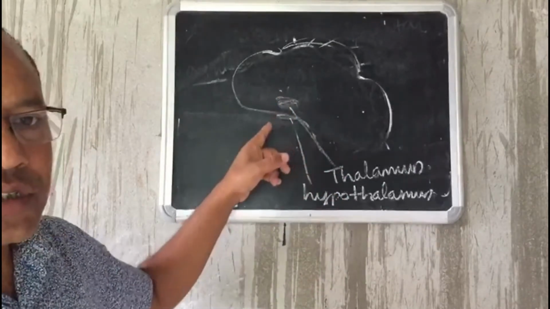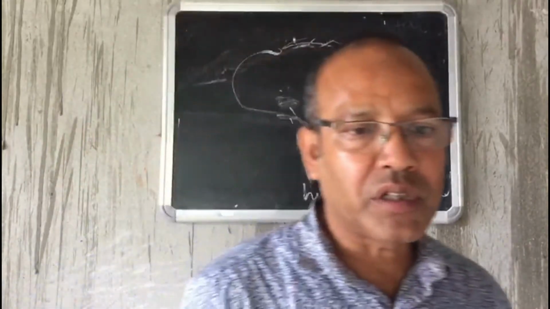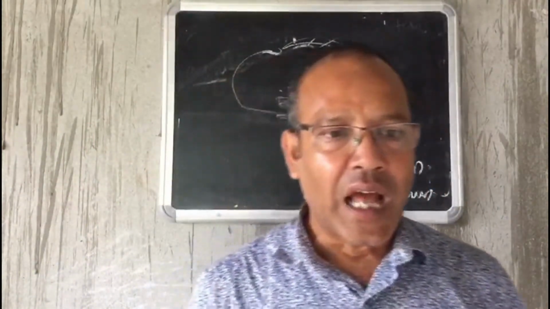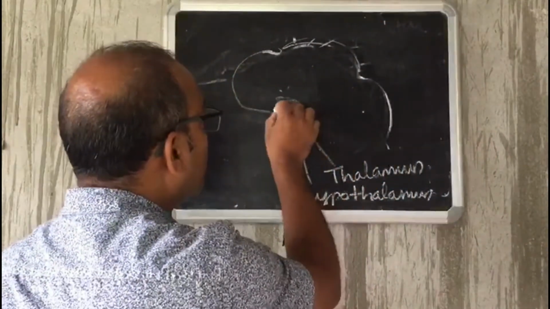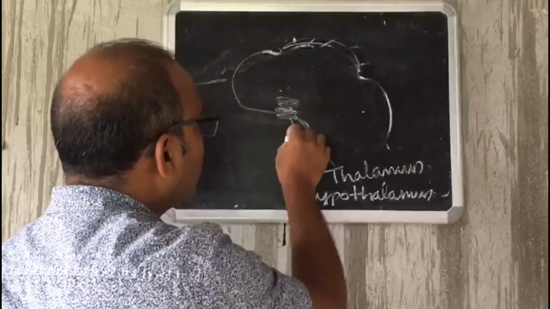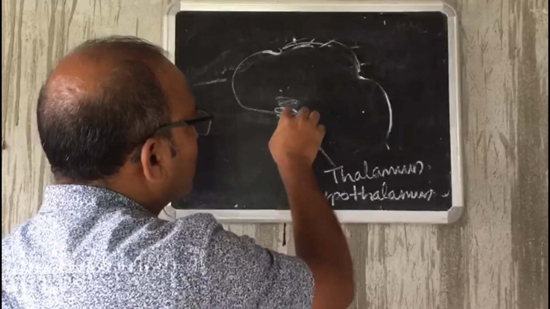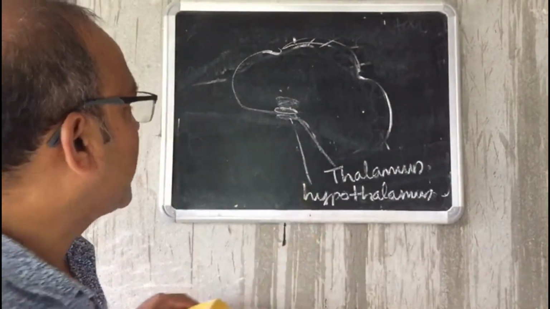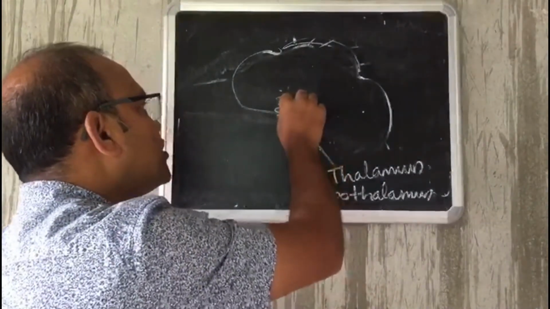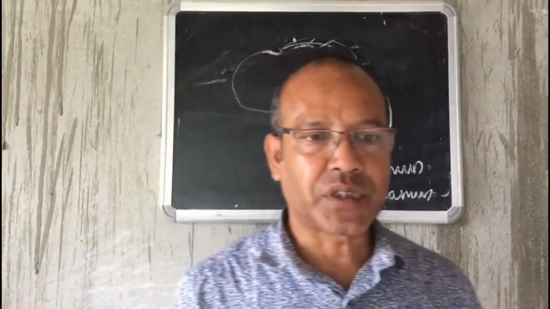Hypothalamus is another important region which lies at the floor of the third ventricle. We have the third ventricle somewhere here in between. At the floor of this, we have the hypothalamus. Above this we have the thalamus, and below this we have the hypothalamus. This is the third ventricle, which lies in between the thalamus and the hypothalamus.